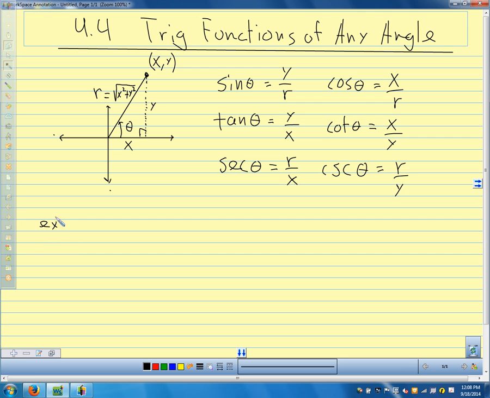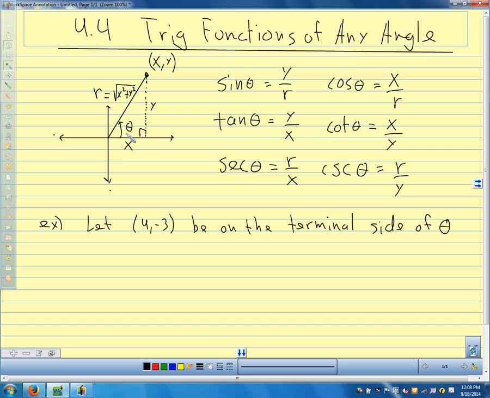The way you might see it in a question in your book, they might ask it this way. Let (4, -3) be on the terminal side of theta. And remember, terminal side just means the hypotenuse.